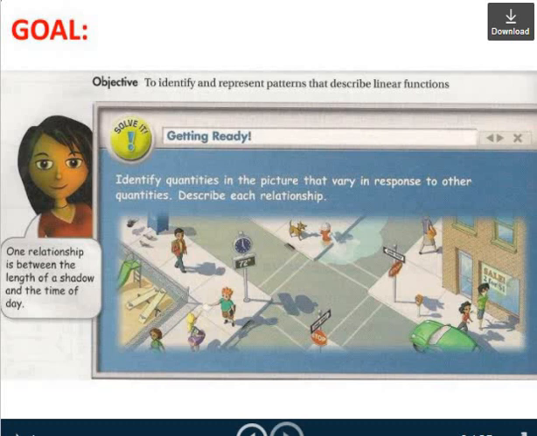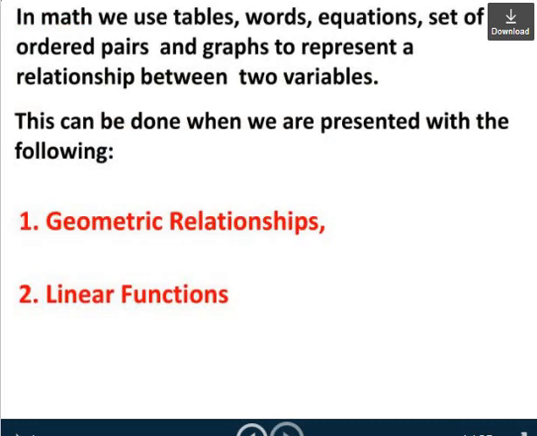So we will look only for patterns that describe linear functions. We will have a sequence or a rule for finding a linear function. I will explain it and we will see what your rule will be to decide if this pattern represents a linear function or not, okay?